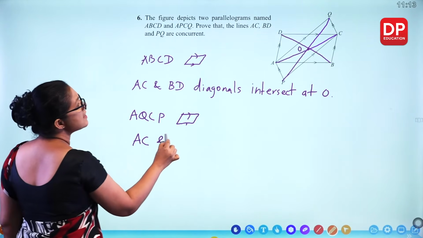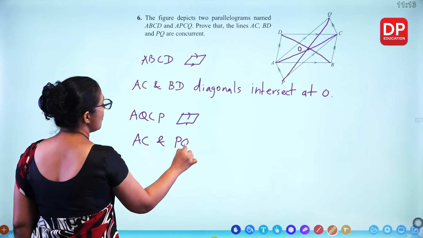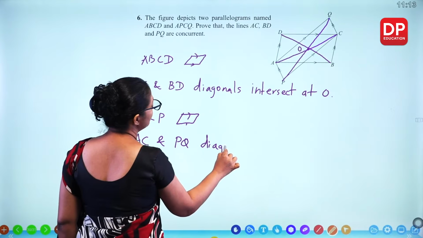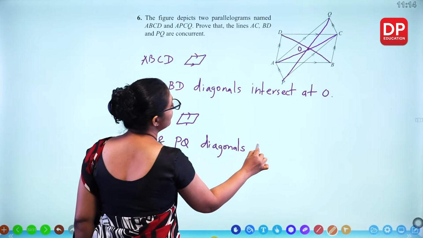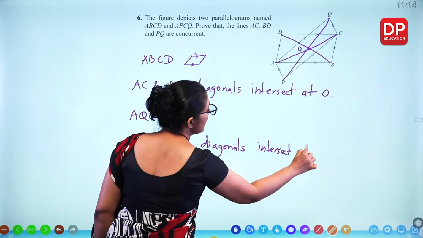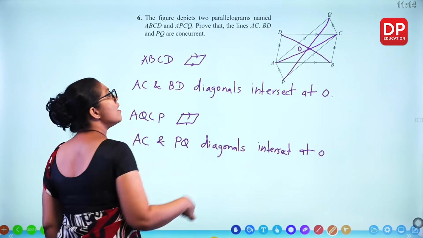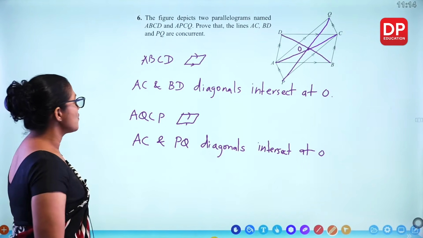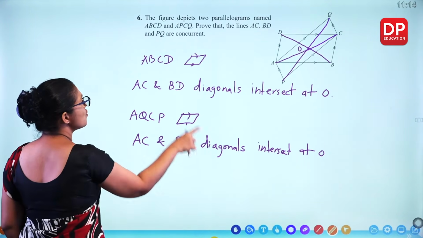AC and PQ diagonals intersect at O, because those two are diagonals of that parallelogram. So what can you say about these two?